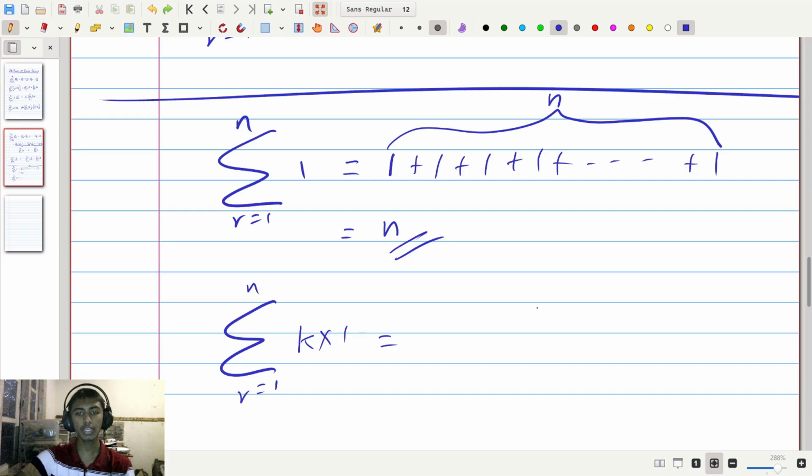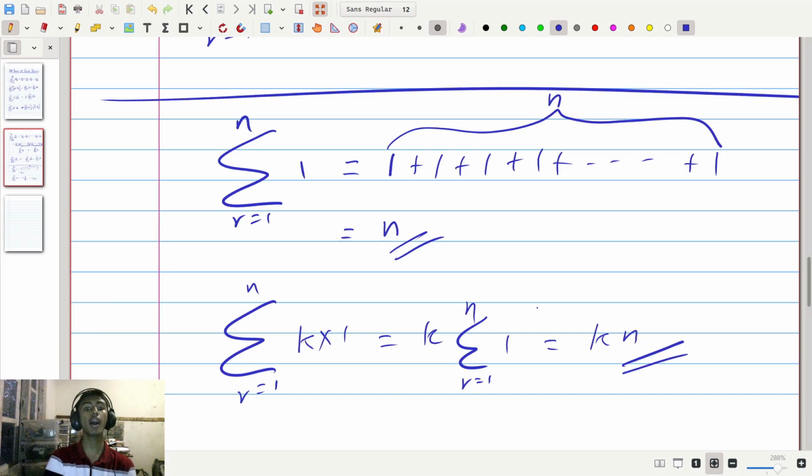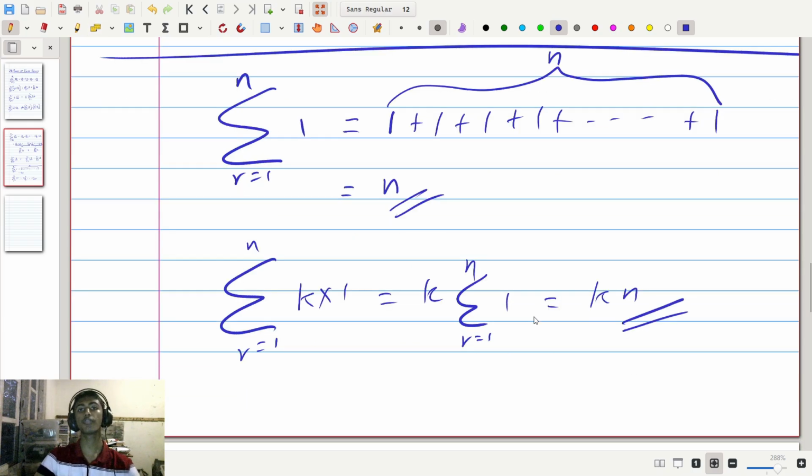So this is equal to k times the sum from r equals 1 up to n of 1, which is simply k times n. So the sum of k from r equals 1 up to n is simply going to be k times n. Now that we have this, we can find the sum of any constant number from r equals 1 up to n.